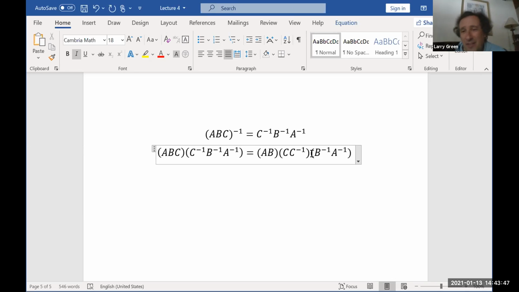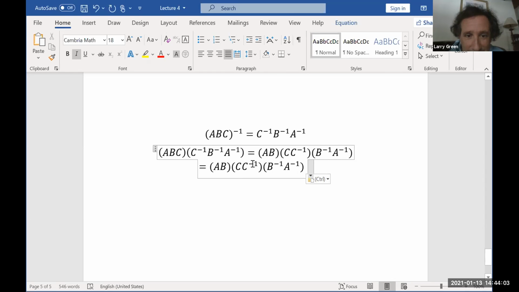What's C times C inverse? That's I, because that's what C inverse means. So I can turn that C C inverse into an I, which is good.